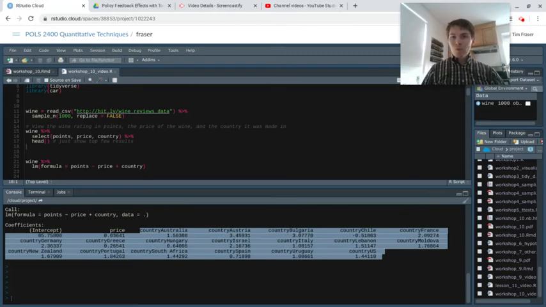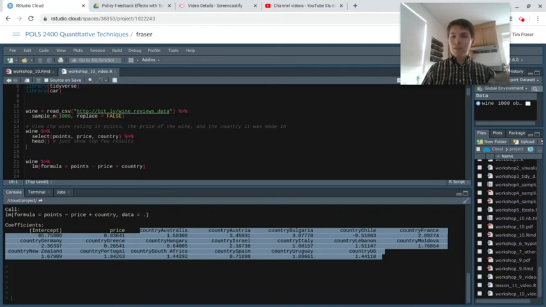After all, how do you even compare this stuff, right? The effect of one category relative to having no categories, that's not really an option, right? We can't really compare the effect of being from Australia to the effect of being from nowhere. That's not a thing, right? You have to be from somewhere.